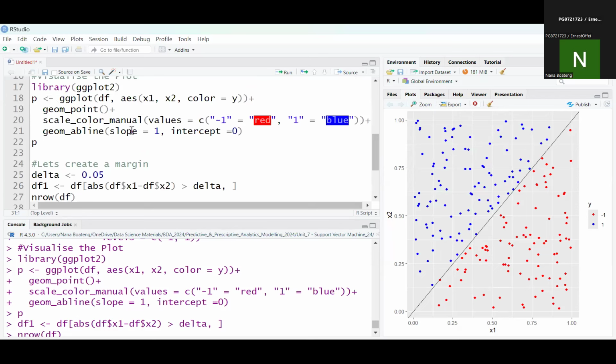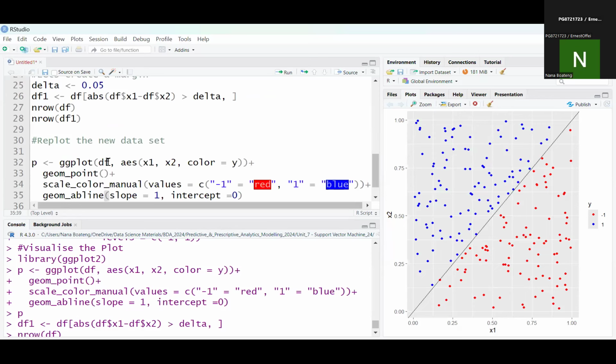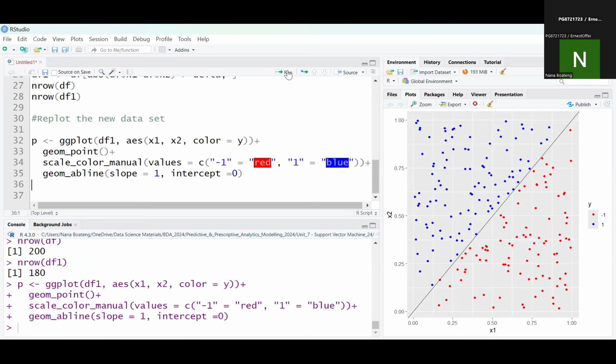Let's copy this one. And now we make this one DF1. All right, so let's look at our new P.